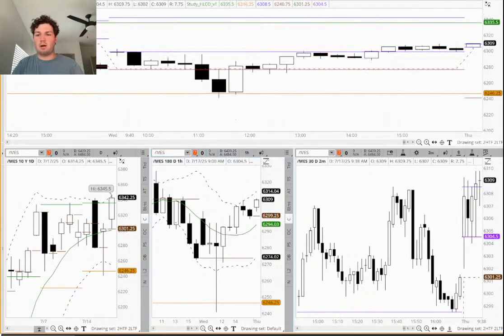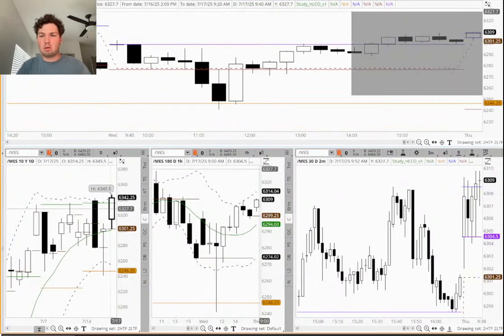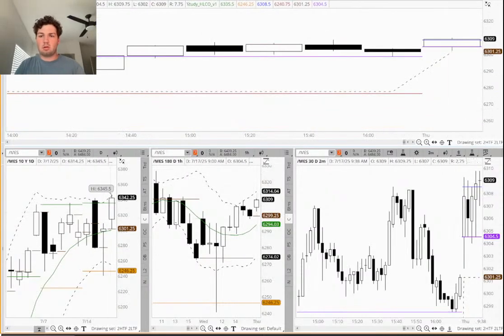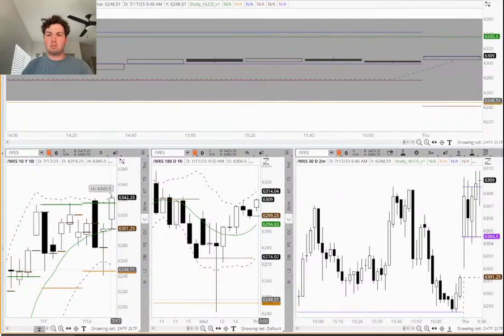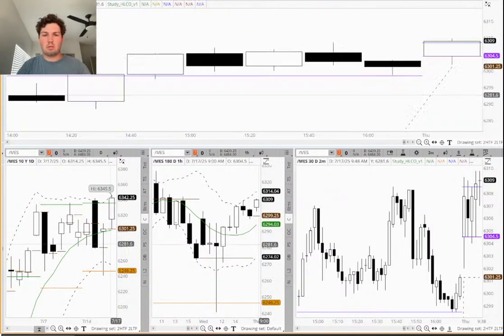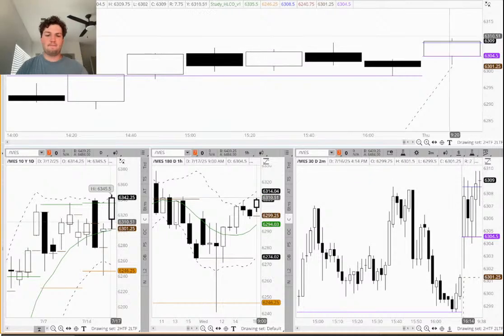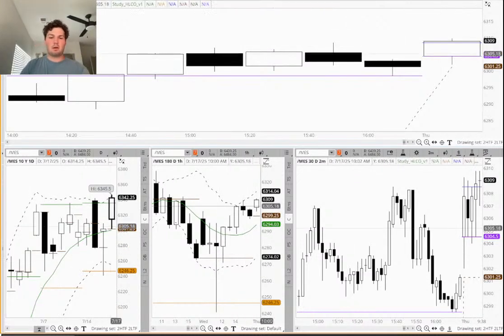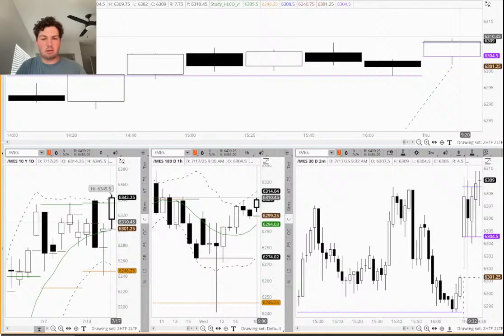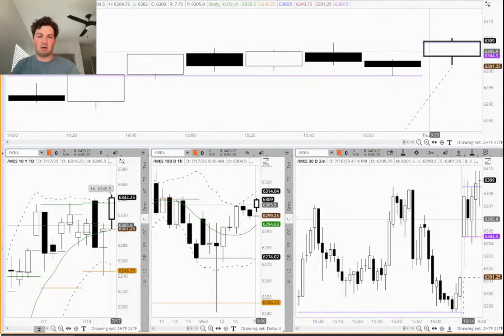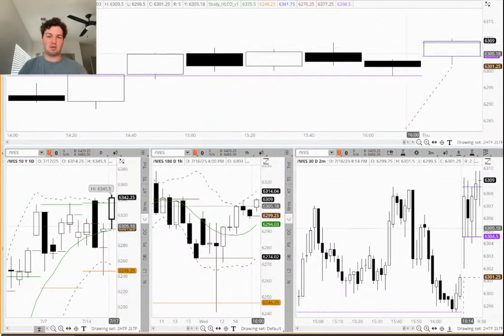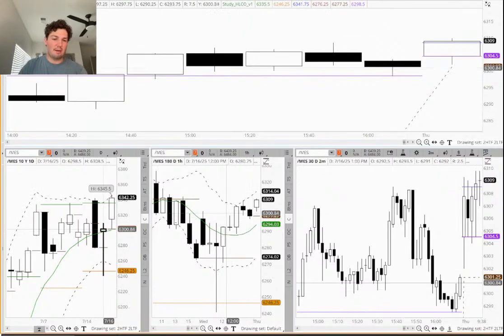We're near the prior week high. Near the prior day high. Yesterday was kind of a consolidation day. Or I guess this is the current bar that's forming. Yesterday was kind of a hammer up day.